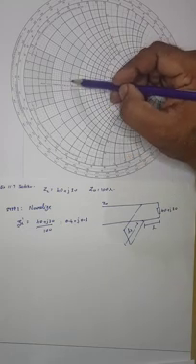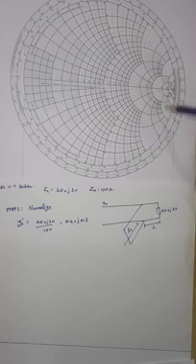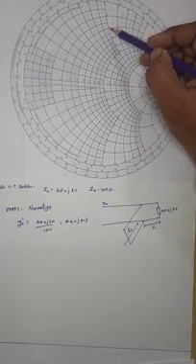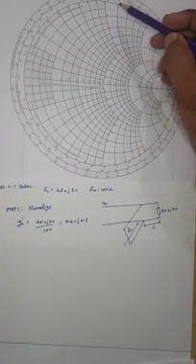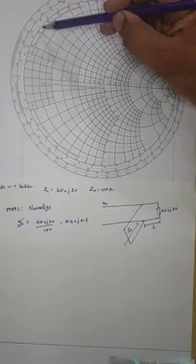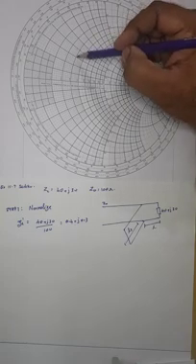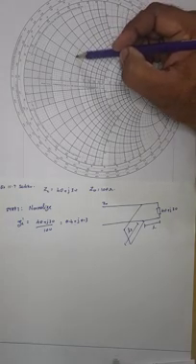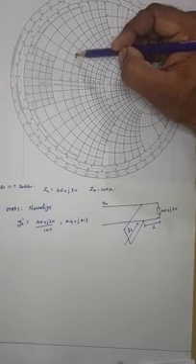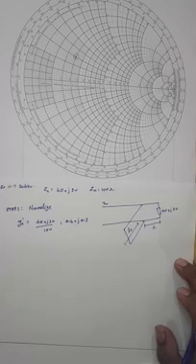So first follow the 0.4 circle, which gives the resistance circle, and then we try to find where the 0.3 reactance semicircle is. That falls over here. So 0.4 and 0.3 fall somewhere over here. This is going to be our load impedance point.